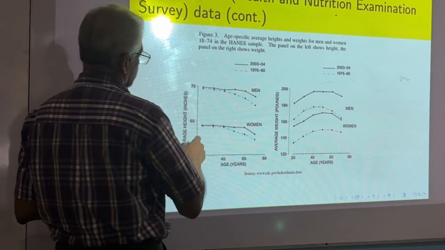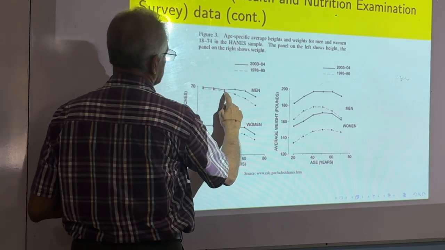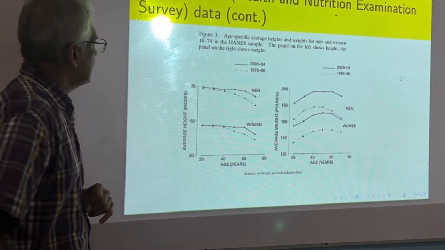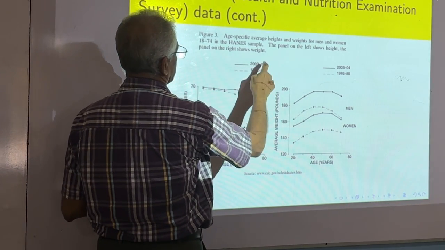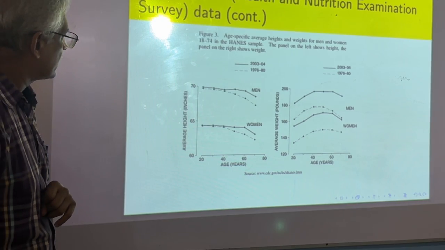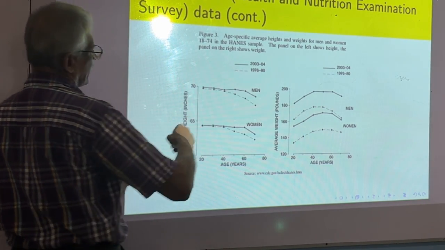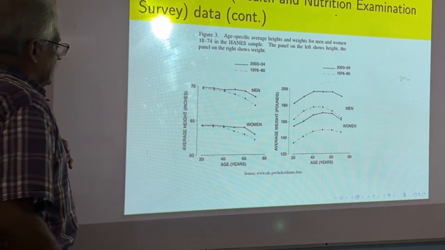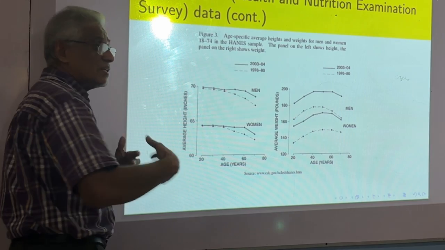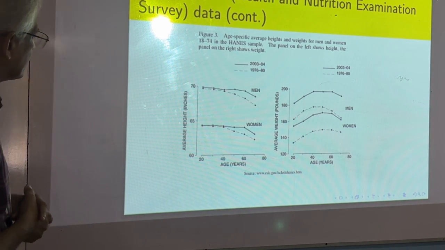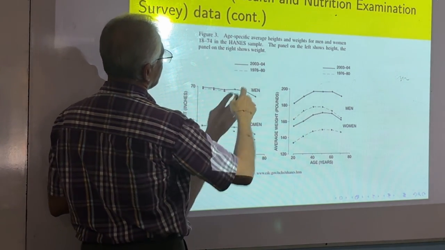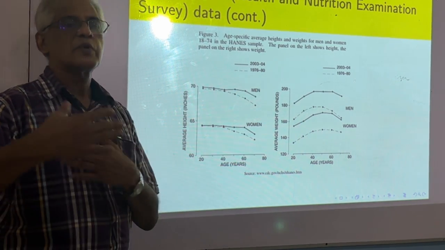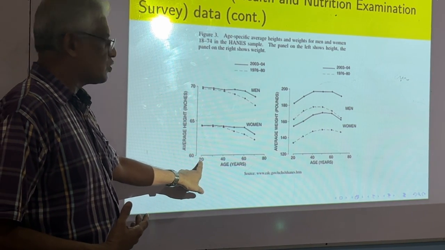So for example, if you consider 1 point, this dotted line represents the first survey, and this one represents the second survey, 2003 to 2004. Right? So if you consider, for example, 1 point on one line, what does it mean? This axis actually shows the years, the age of the people. So in the survey that they took for the second survey, for example, they had large number of people whose age was 20.